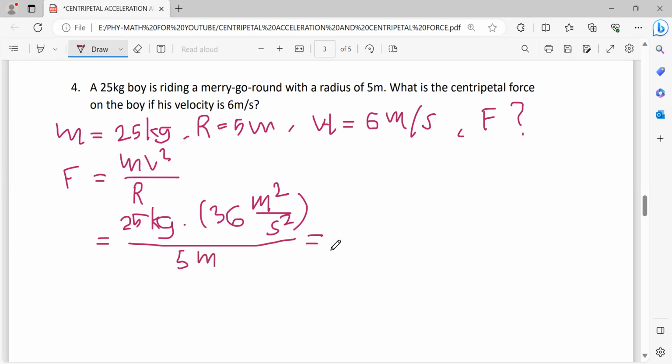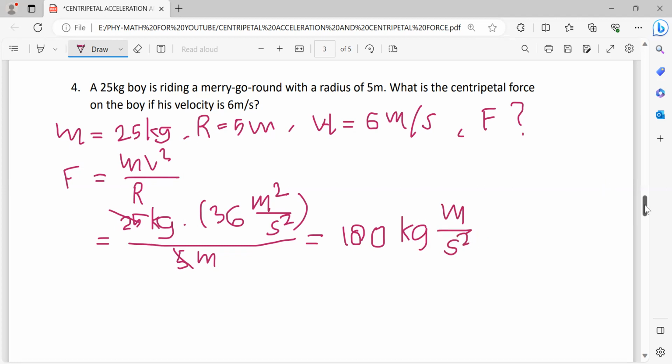So 25 divided by 5 is 5. 5 times 36 equals 180, in kg meters over second squared.